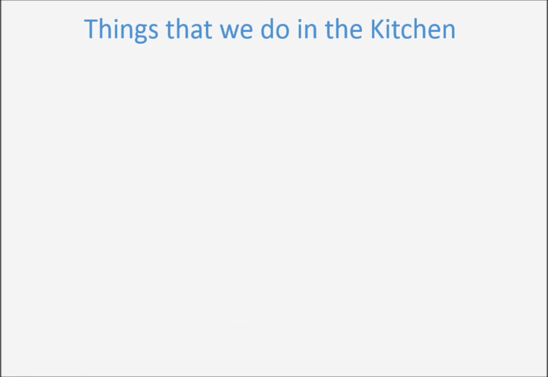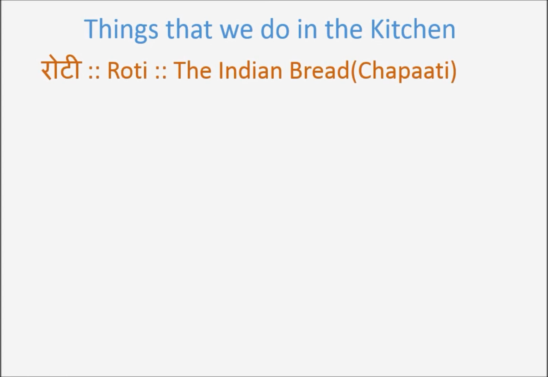Masale kootna. Now in continuation with the other things that we do in the kitchen, the important thing is rotiyan banana. Now let's move on to that. Roti is the Indian bread, the chapati. Now you first knead the dough.